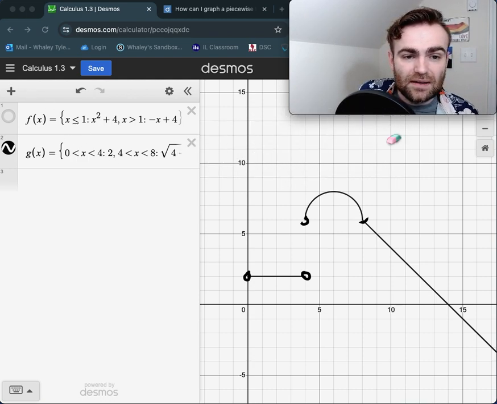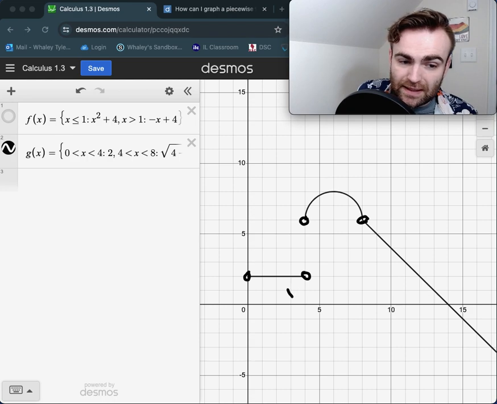Now let's look at some of the other pieces. I'm not going to use as much notation just because I want this video to really be quick. But at 4, the limit as x approaches 4 from the left does exist. That would be equal to 2. As x approaches 4 from the right does exist, and that would be 6.